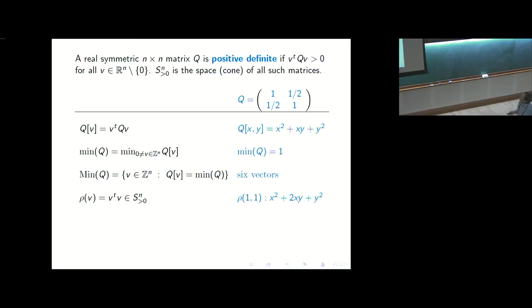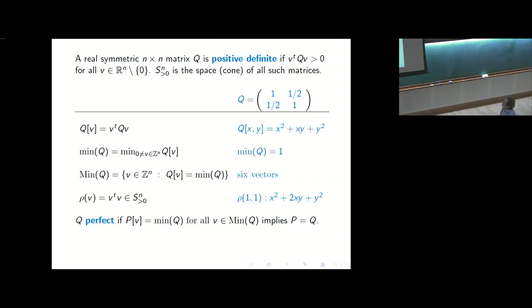So that's just any vector I can think of as a quadratic form in that way. And let me say what I mean by a perfect form. A form Q is perfect if the following is true.